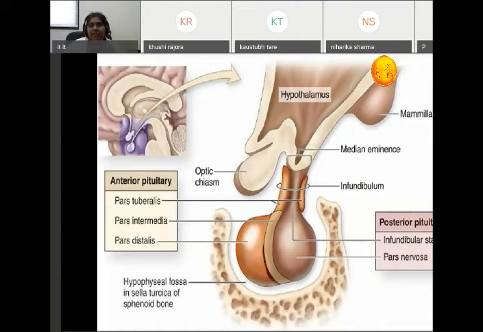And in between this is the median eminence. And the upper part shows the hypothalamus. These three structures are very important. First is the hypothalamus, second is the anterior pituitary, and then the posterior pituitary. This is the anatomy of the pituitary gland.